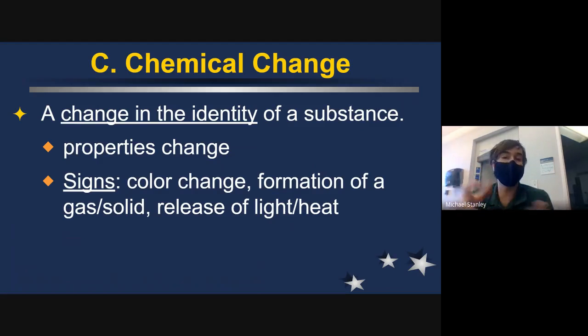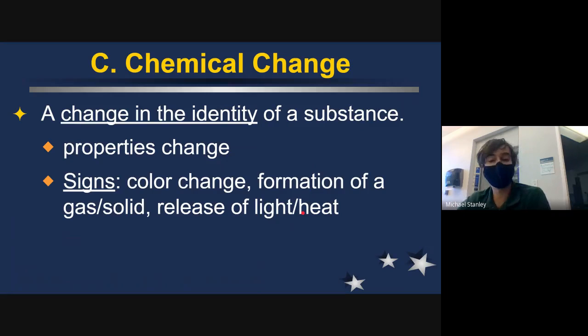And that's because when vinegar and baking soda combine, there's a chemical change that produces a new substance, a gas, that wasn't there before. And so now that gas is all popping off and fizzing out of the substance.